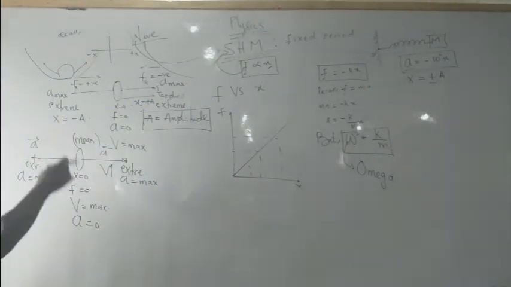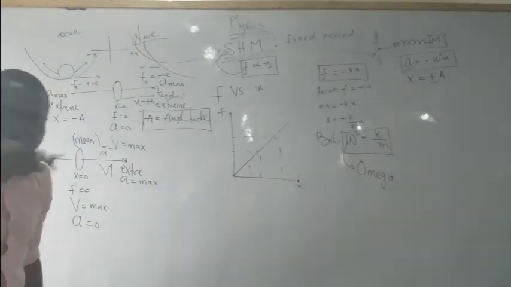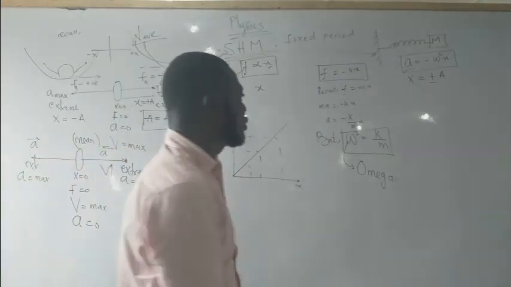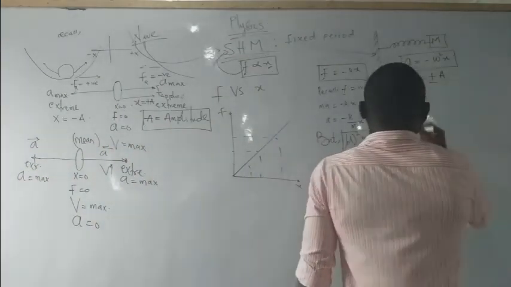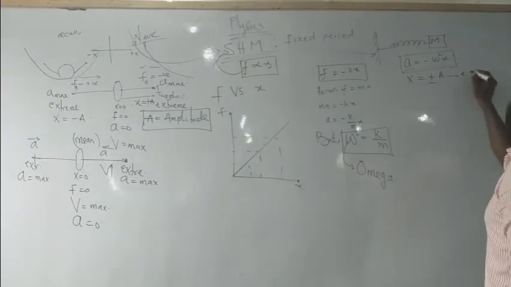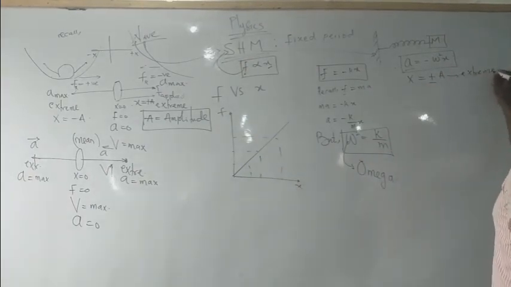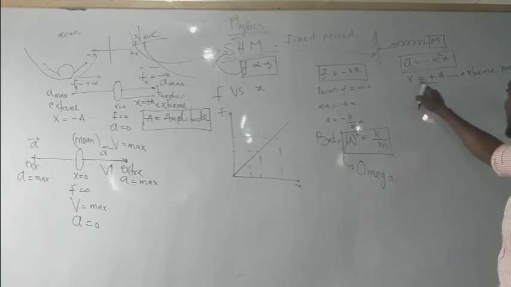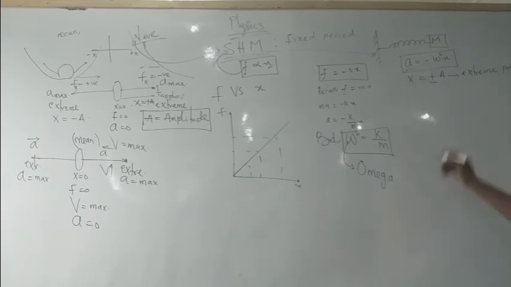Amplitude is the maximum displacement from the equilibrium position or the mean position. So at the extreme position, we have displacement equal to plus or minus a.